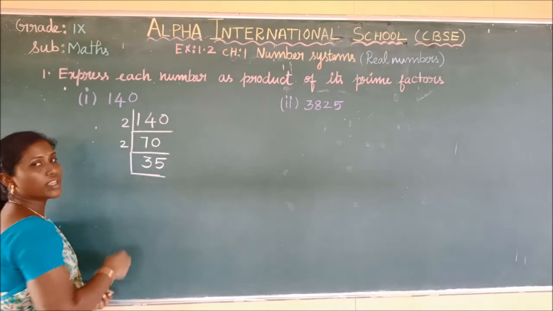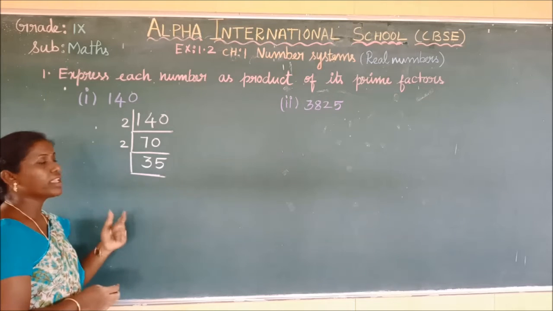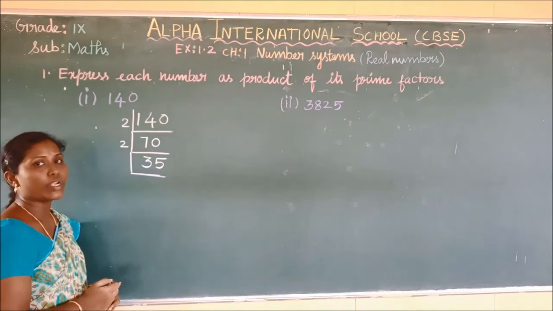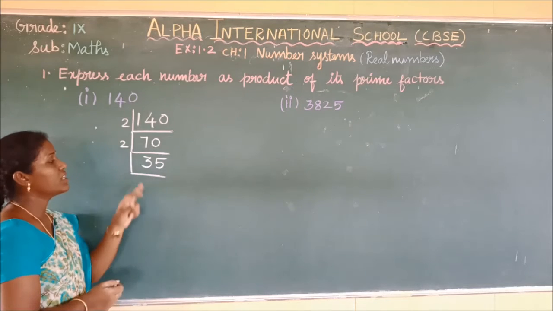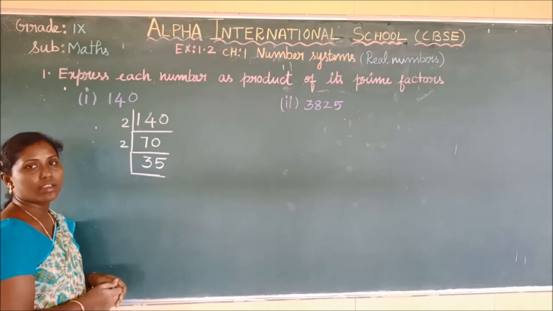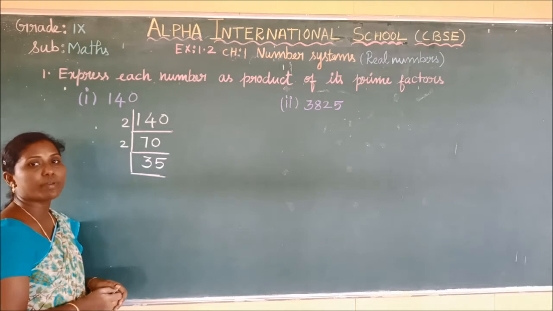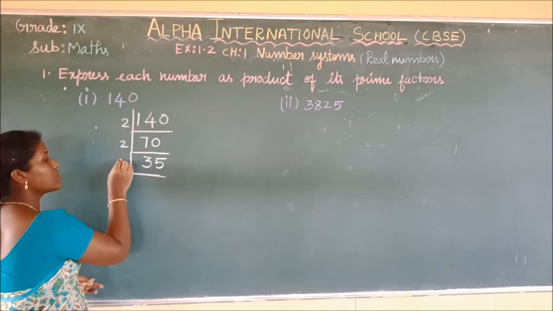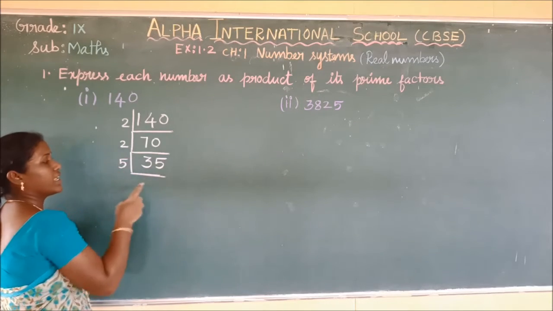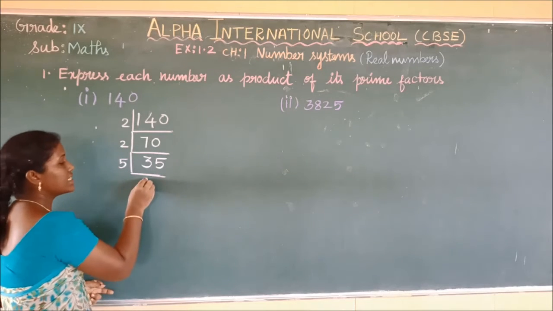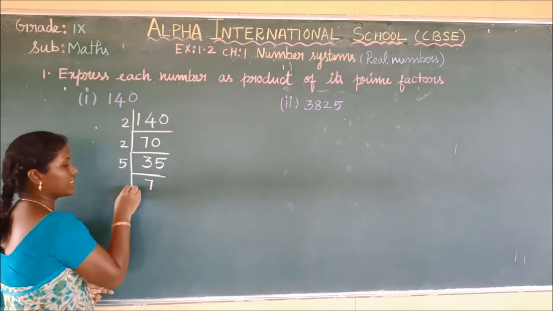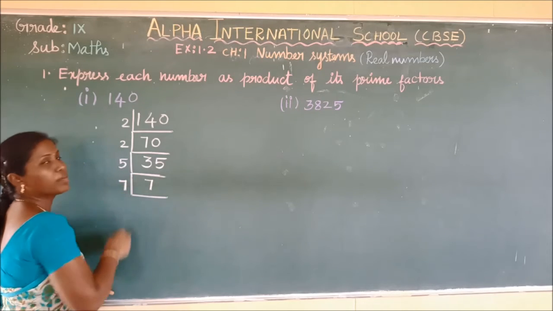See the last digit, we have 5. Is 35 divisible by 2? No, it is not possible. So go with the next prime number 3. Is it possible to divide by 3? No, it is also not possible. So choose the next option, 5. Yes, the last digit is 5, so surely it is able to divide by 5. 7 5s are 35. 7 is a prime number, only divided by 7.